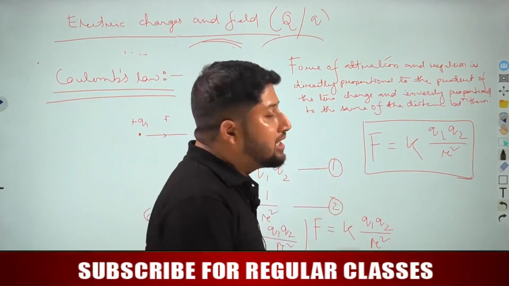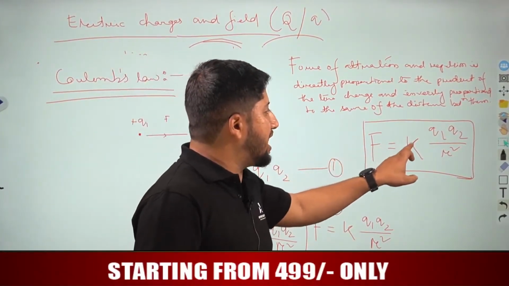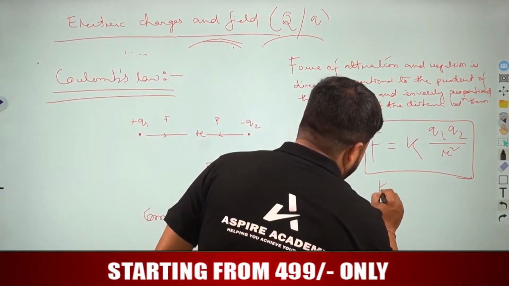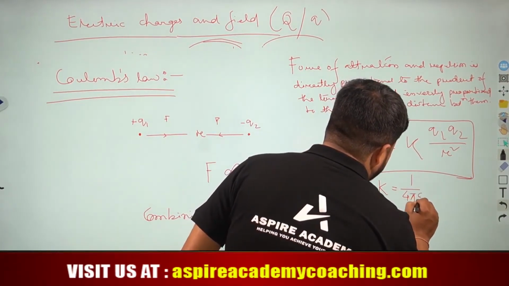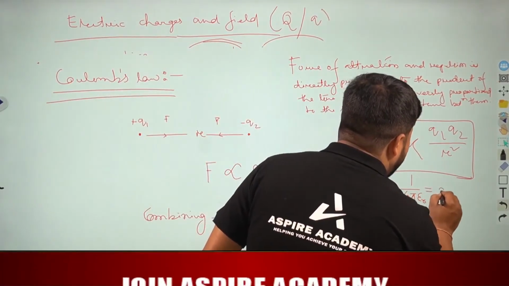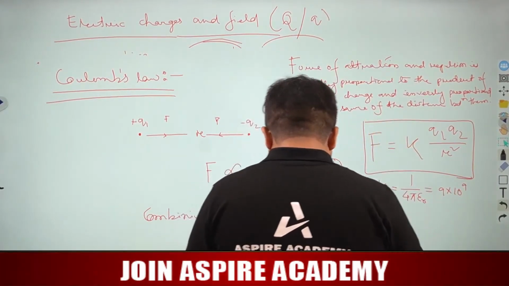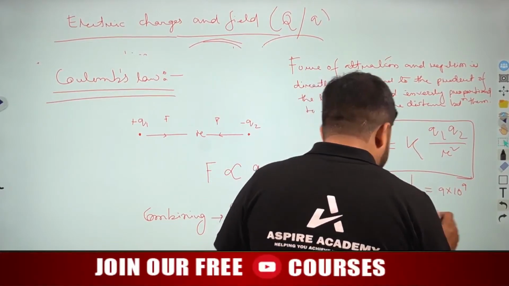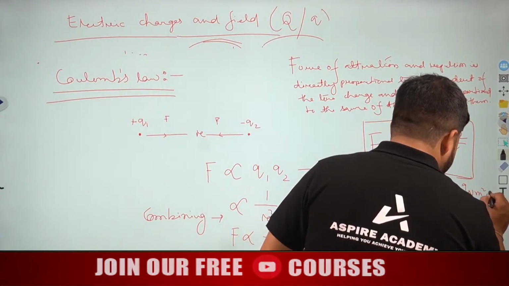The formula is F is equal to K Q1 Q2 by R square. Now what is K here? K is a constant. After calculation, K is 1 by 4 pi epsilon naught, and this value is 9 into 10 to the power 9 Newton meter square per Coulomb square.